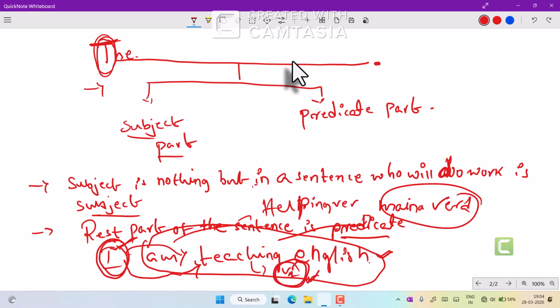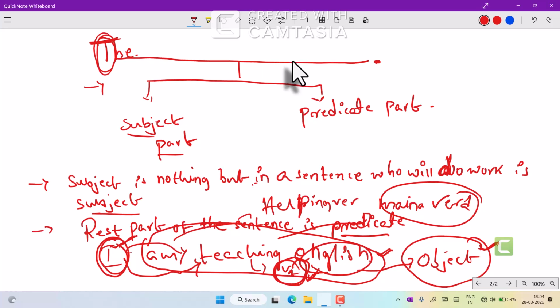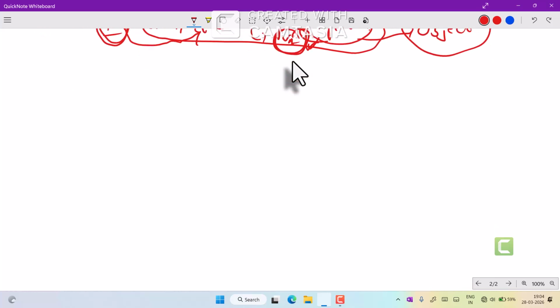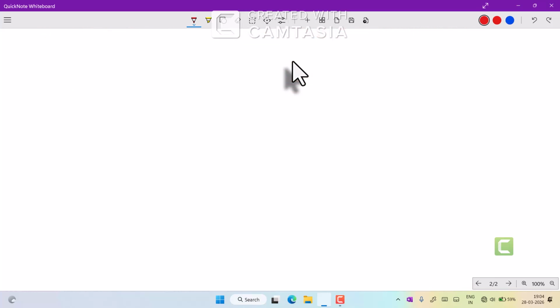Don't forget that. And English is the object here. So in this sentence, in the predicate we have an auxiliary verb and a main verb, and one object. So these are the parts in that sentence.